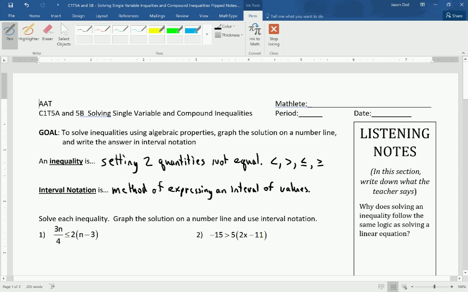Interval notation was designed so that it's much quicker and easier to display a large set of numbers or an interval between two numbers. It's not going to use inequality symbols. What we're going to use is parentheses and brackets to show the start and the end of an interval. So let's look at an example here.